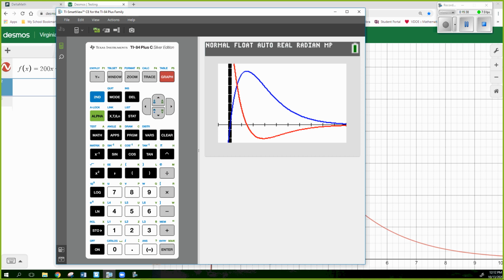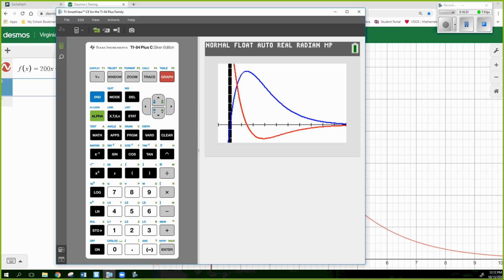Maximum. If we're at the top of the hill, we're peaking, and we're changing from increasing to decreasing. We have a maximum.